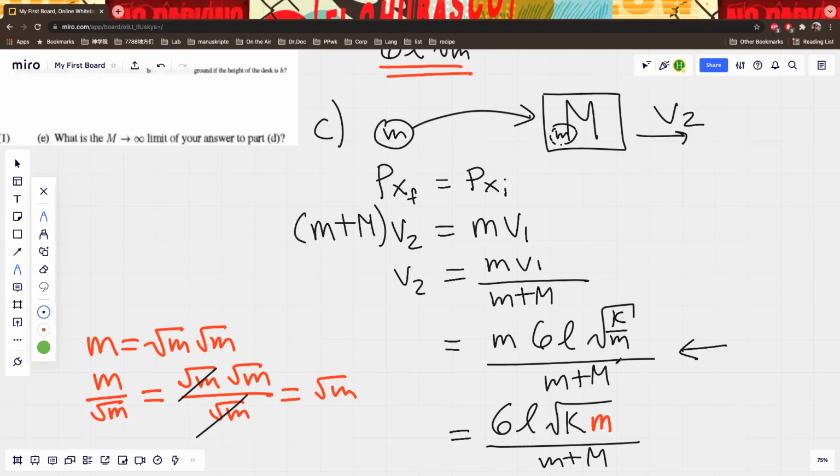Exactly. And so that's what I was explaining here. I was saying that we have m over square root of m, right? Because we have m here, and we have square root of m. And I can write m as equal to m to the half times m to the half.